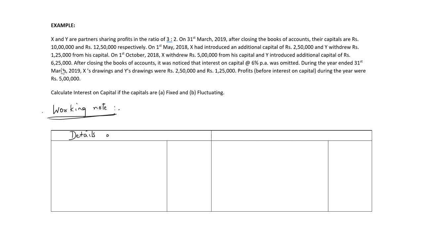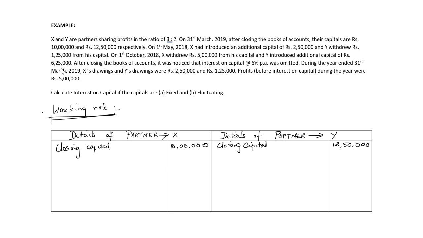Details of partner X. Details of partner Y. Closing capital of X is rupees 10 lakh, and closing capital of Y is rupees 12 lakh 50,000.